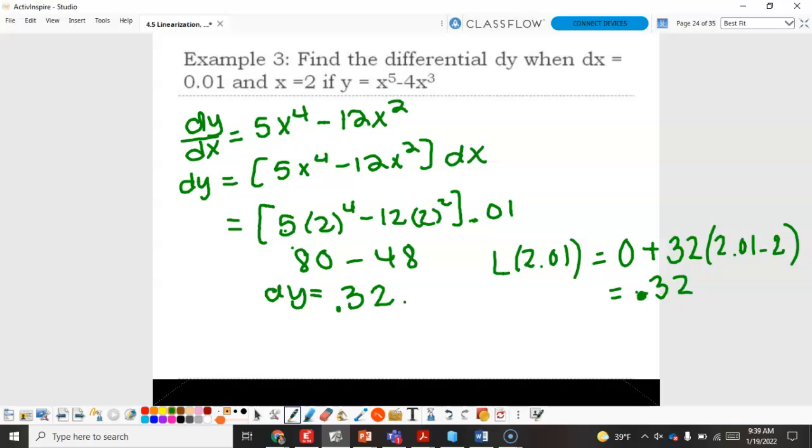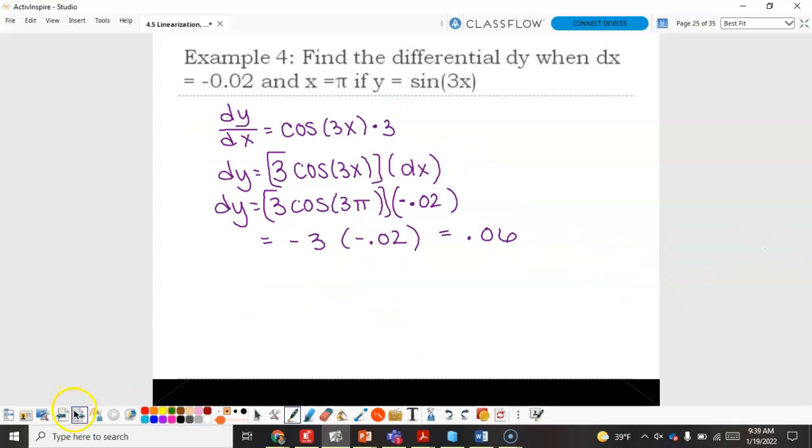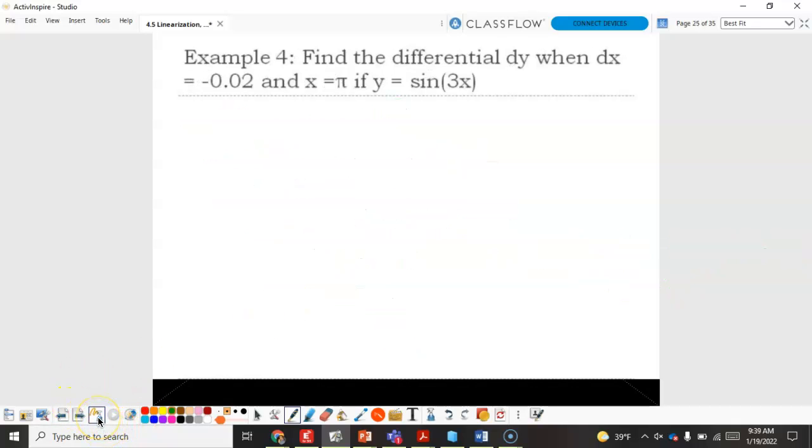Let's look at another example before my bell rings. Find the differentials. So we're looking for the change in y from point a, which is at pi. My starting point is at pi. So the sine of 3 pi is equal to sine of pi, which is equal to 0.